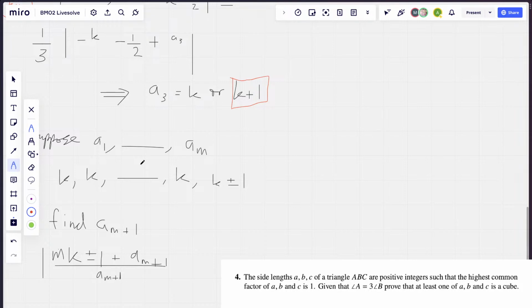Let me just get a GeoGebra up. And I'll just make it vaguely correct, because then I can twiddle with things. So what do we want? We want angle A is 3 times angle B.